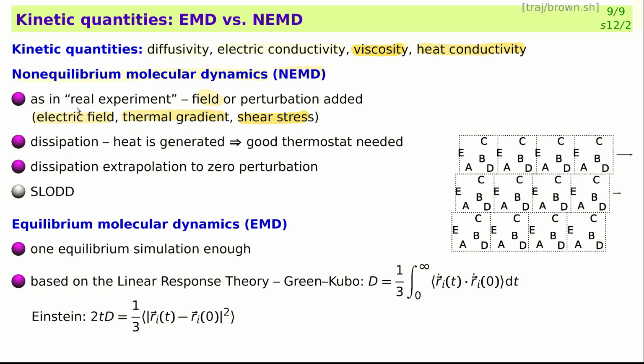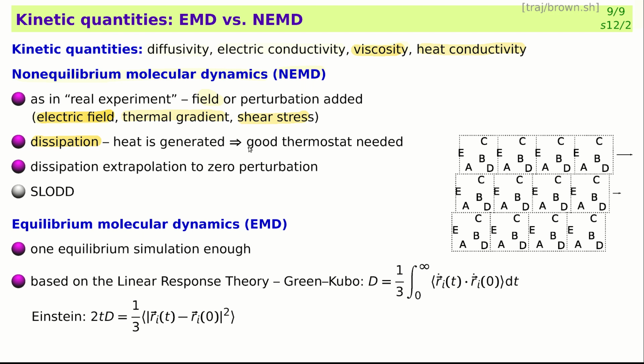If I use this non-equilibrium molecular dynamics, always I get dissipation of energy, because I apply, let us say, electric field. There is an electric current, and there is a joule heat that is generated. You know it very well from different electric heaters.